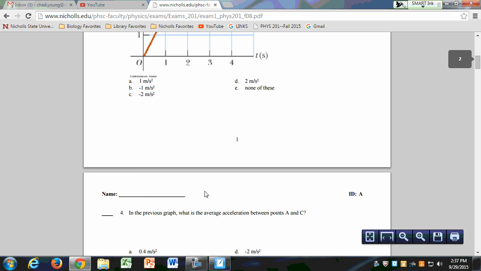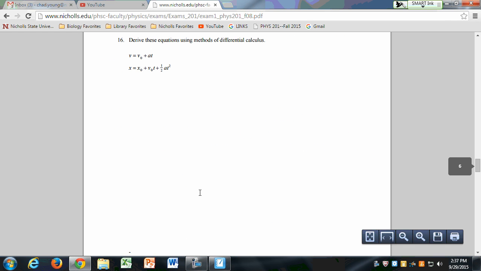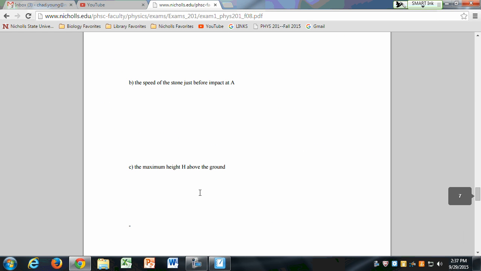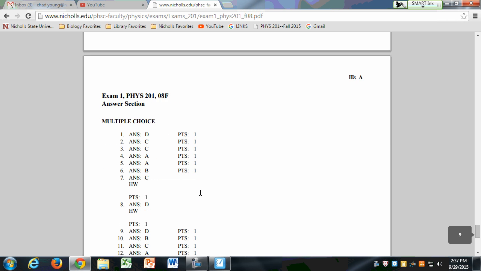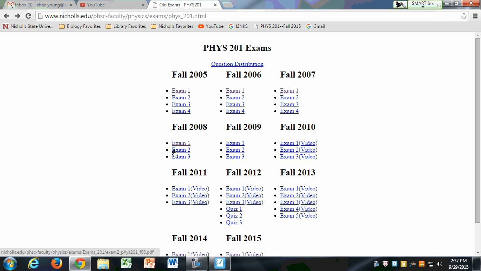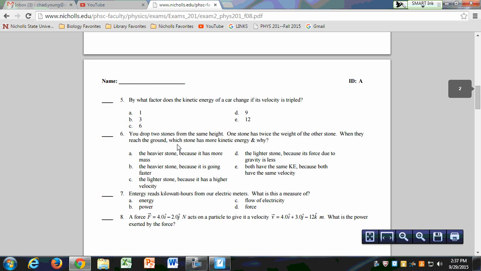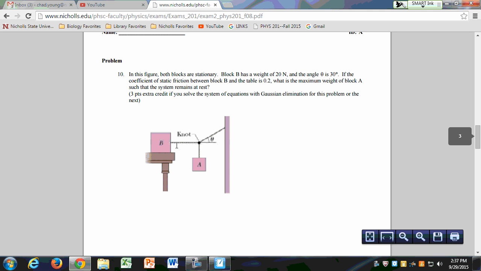I didn't really get consistent until about 2009 or so. This is still follow 8. We worked this problem in class, so let's see if I can find a different one.